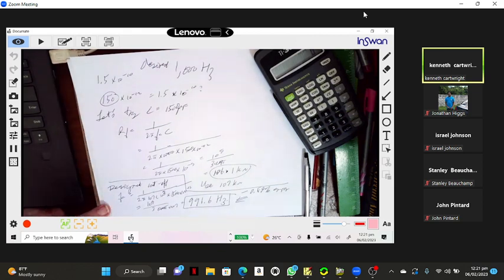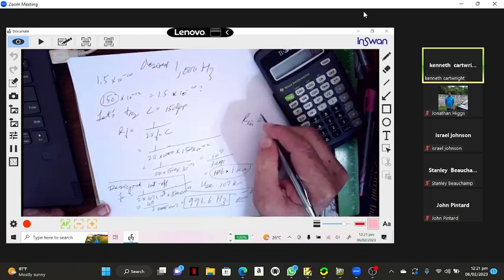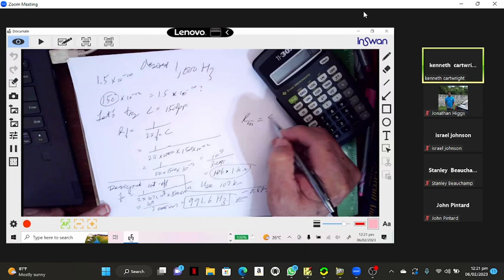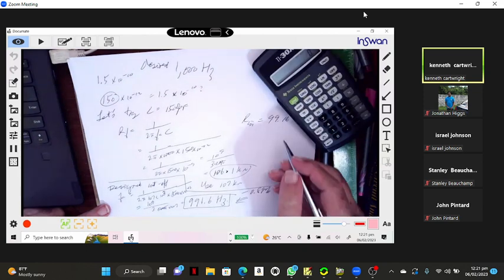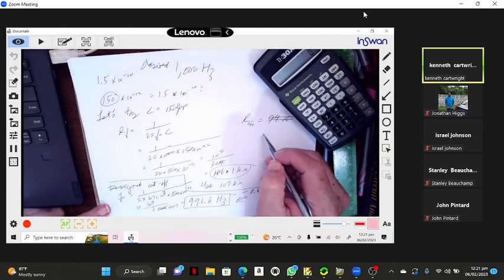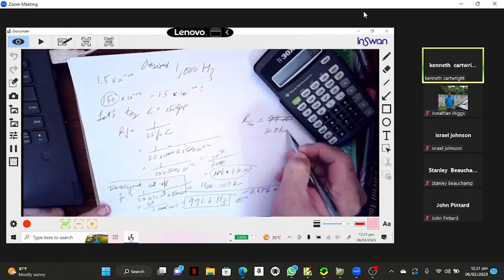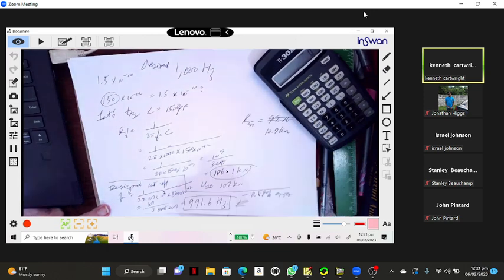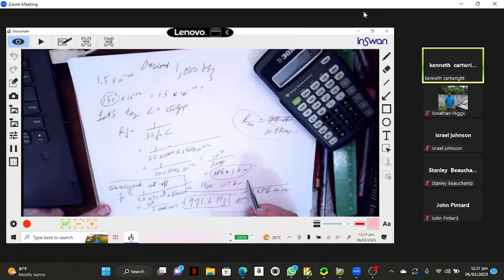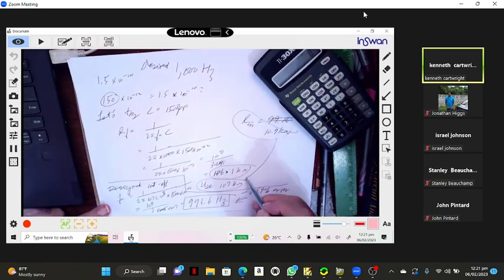And then, of course, this is now RF. And then RN must be what? 1/10 of that. 107. 10.7 kilo ohms. This resistor should always be 1/10 of that because you wanted a gain of 10.